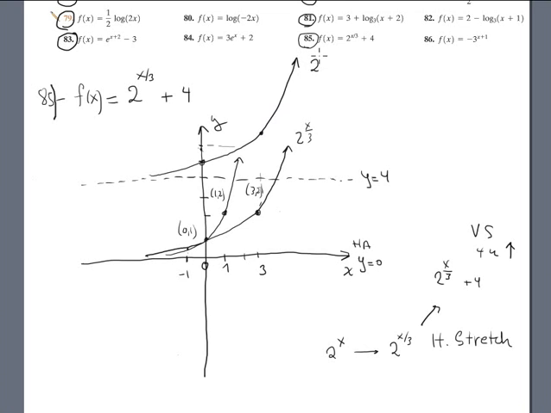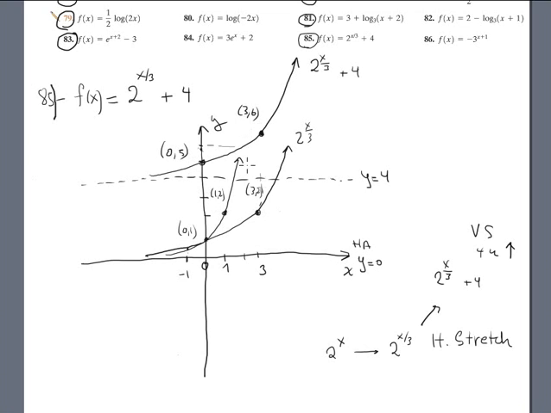This is 2 to the x over 3 plus 4. Okay, typical points. This point is (0, 5). And this point is (3, 6).